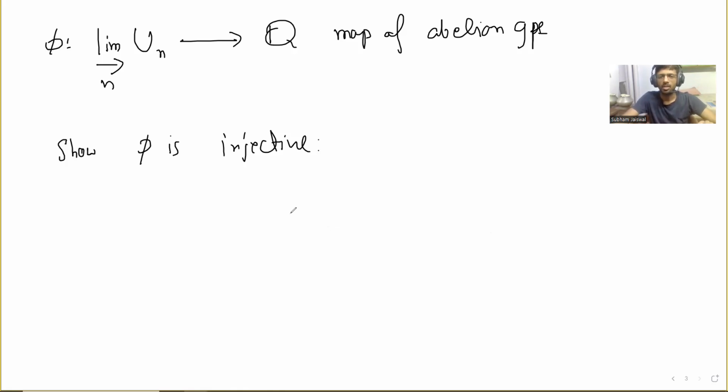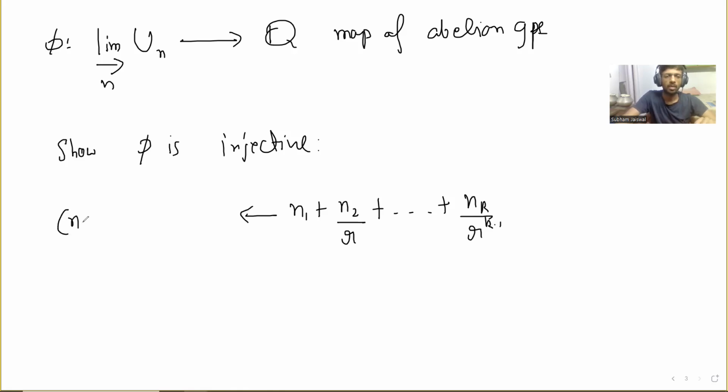So if we just send by the inverse, I think if we just send this thing to just the tuple, but now we have to check that this is well defined because it's not obvious, I think.